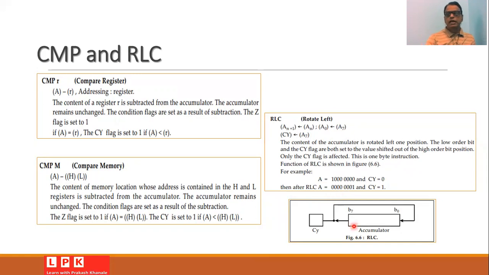So as shown in this diagram, one can easily observe that this bit is being shifted to the carry, and the same bit is also shifted over here, so that the contents of the accumulator are shifted by 1 bit position by the instruction RLC.